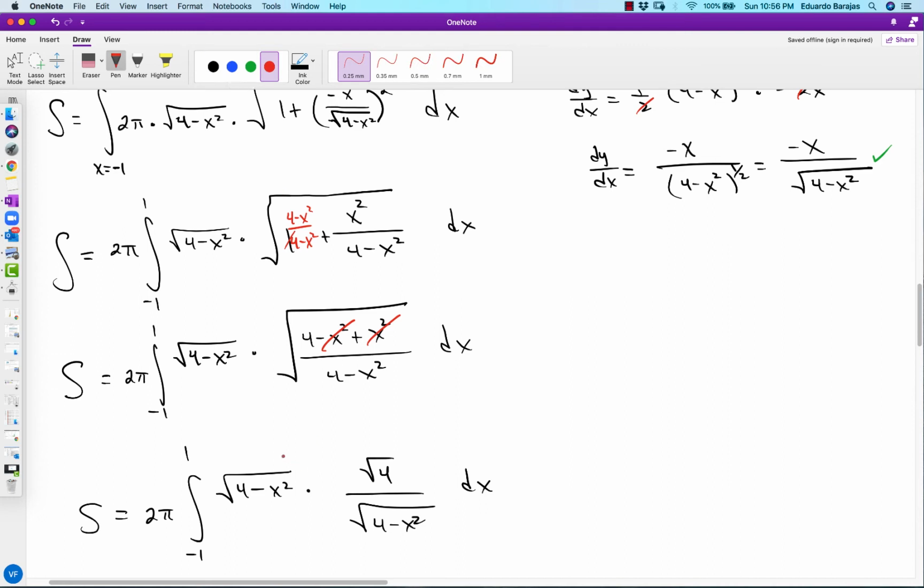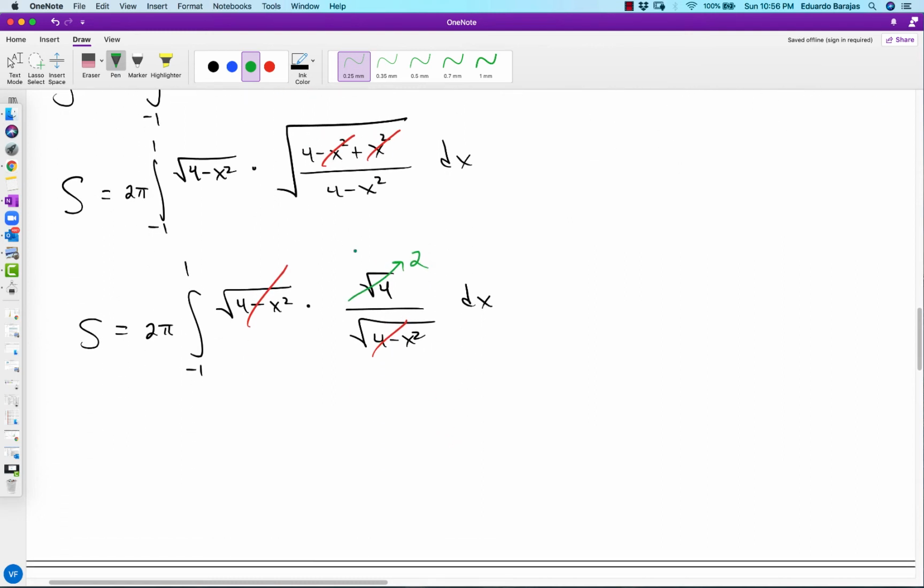And so now, luckily, all of that reduces, and the square root of 4 turns into positive 2. So my surface area S is 2 pi times the integral from negative 1 to 1 of just 2 dx, which we know can be simplified to just 4 pi times the integral of 1 dx.